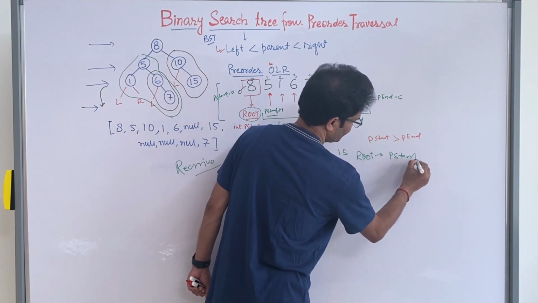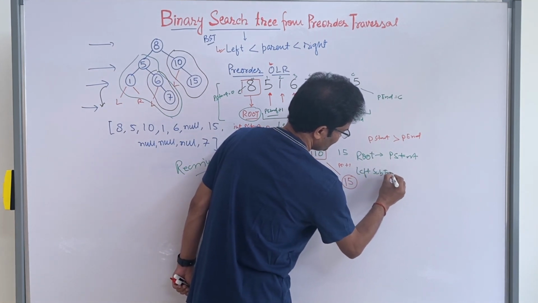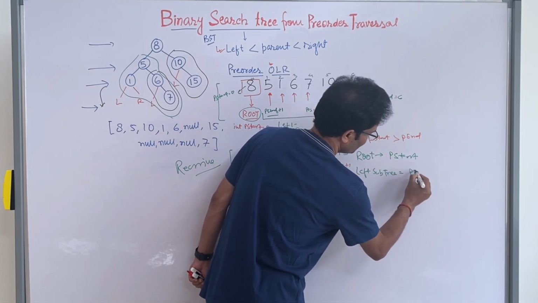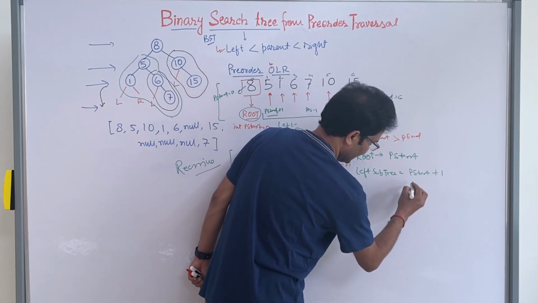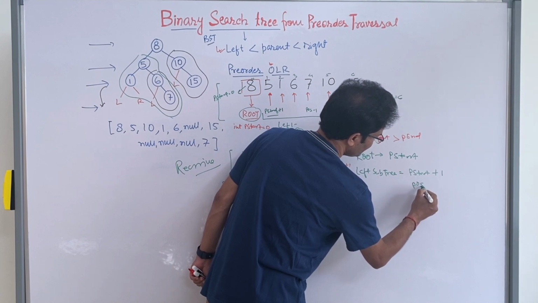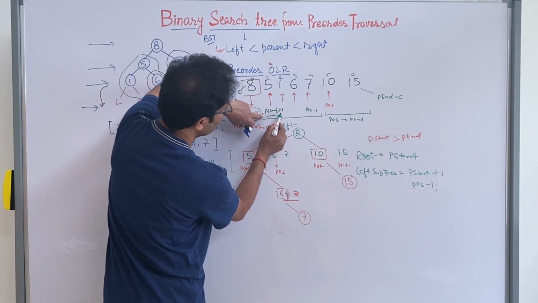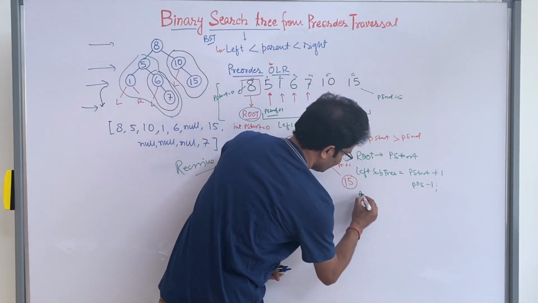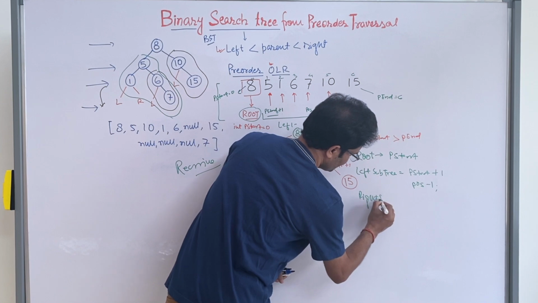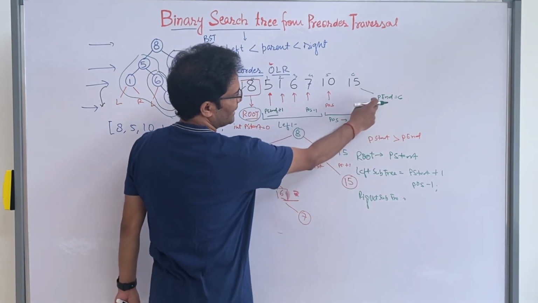Your left subtree will start from P start plus 1 and end with position minus 1. And for the right subtree, start from position and end with P end.